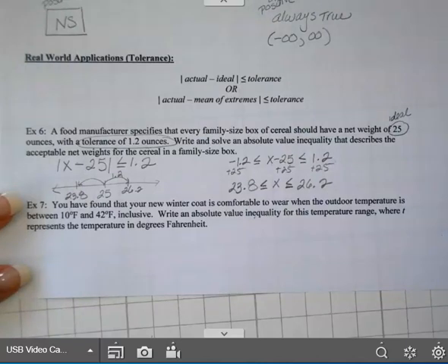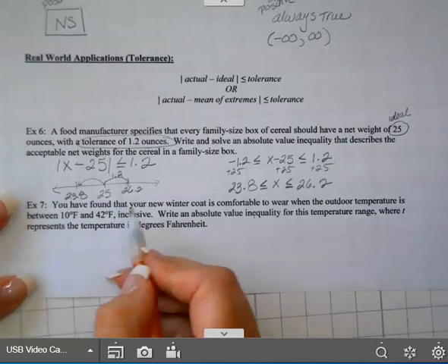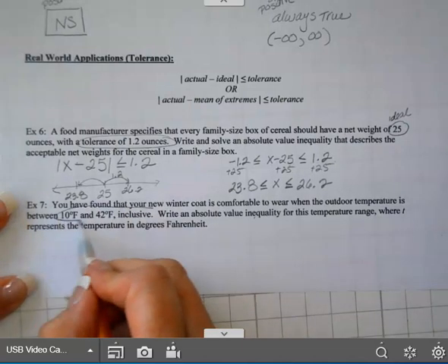For example 7, you have found that your new winter coat is comfortable to wear when an outdoor temperature is between 10 degrees and 42 degrees Fahrenheit inclusive. Write an absolute value inequality for this temperature range where T represents the temperature in degrees Fahrenheit. I don't have my ideal. It's in the middle of this.